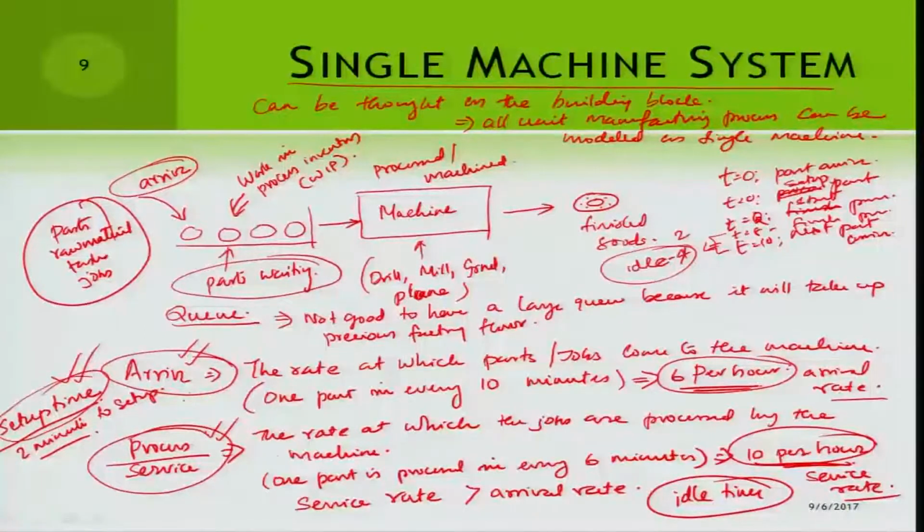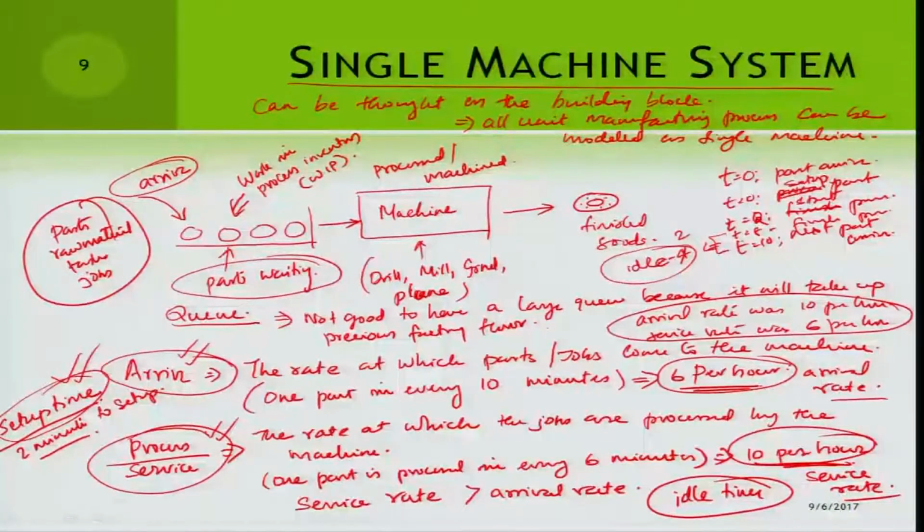If these were the other way around, if the arrival rate was, let us say, 10 per hour and the service rate was 6 per hour, then you will get something called a queue.